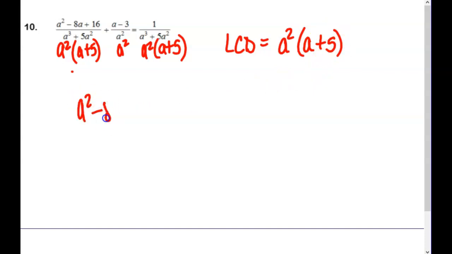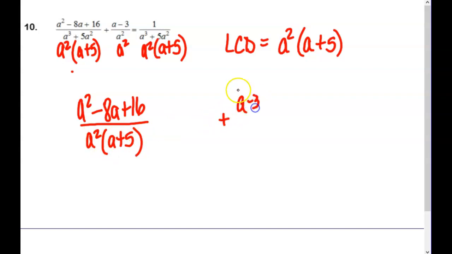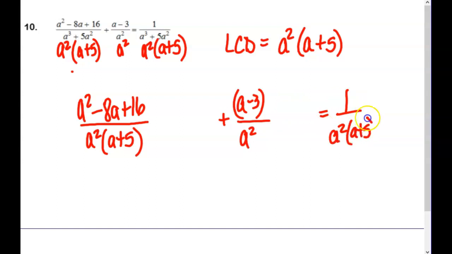So I'm going to go a squared minus 8a plus 16 is currently over an a squared a plus 5. And then I have an a minus 3 over an a squared, and I am going to multiply that. And then over here I have a 1 over an a squared a plus 5.